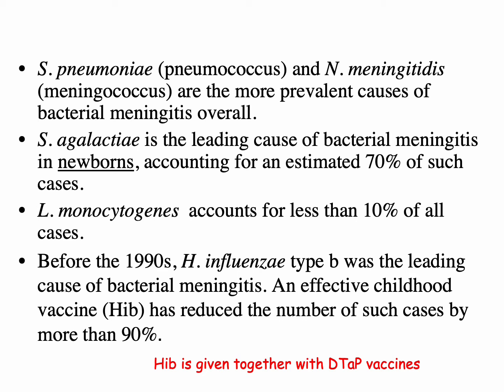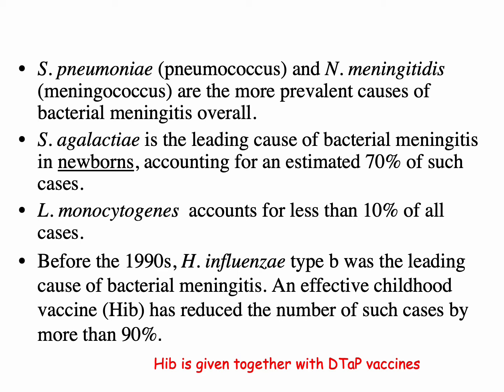And then the last organism, Haemophilus influenzae type B, was the leading cause of bacterial meningitis before the 1990s, and since 1990 until now, Haemophilus influenzae type B is no longer causing any cases of meningitis.